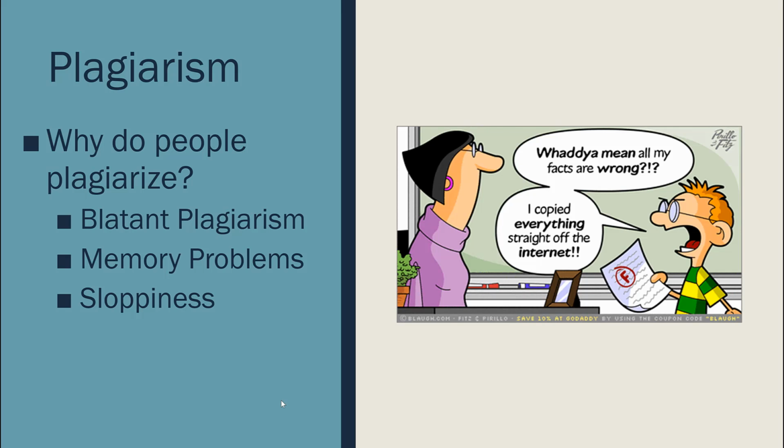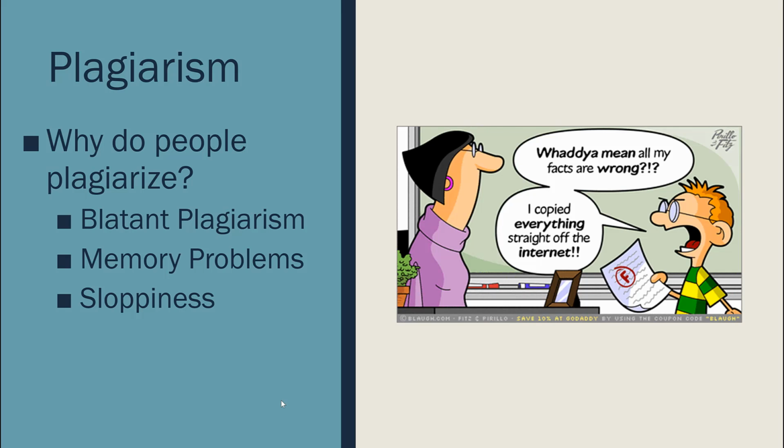So why do people plagiarize? There are 3 main reasons. First, blatant plagiarism. This is your basic copying and paste, maybe changing a few words, but it's still almost identical. This is when you know what you're doing is wrong. Next is memory problems. We don't have photographic memories, so sometimes you'll read something, come up with a similar idea a few years later, and then really not remember that the idea was someone else's.